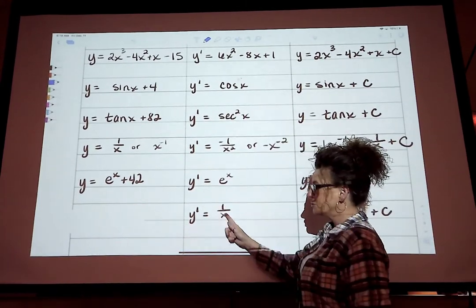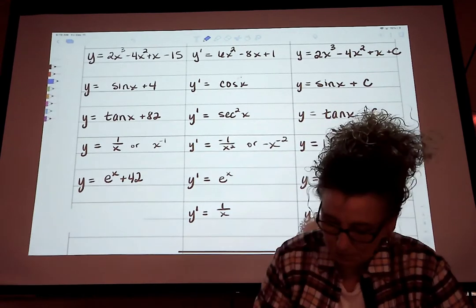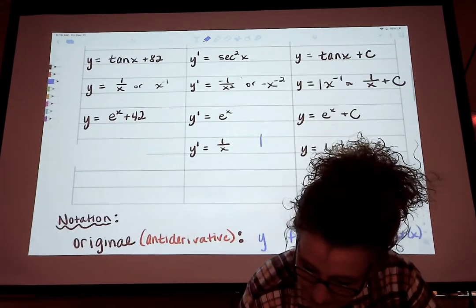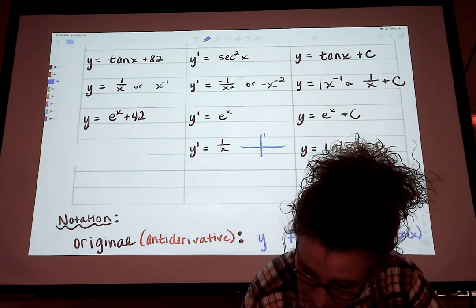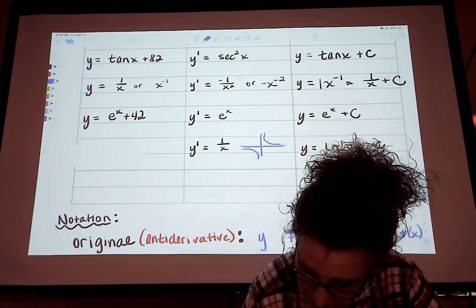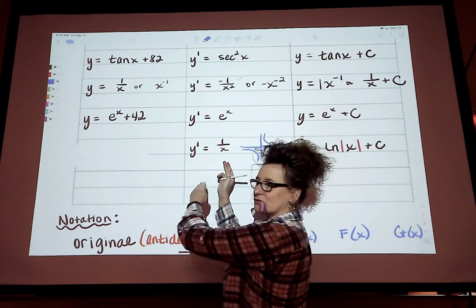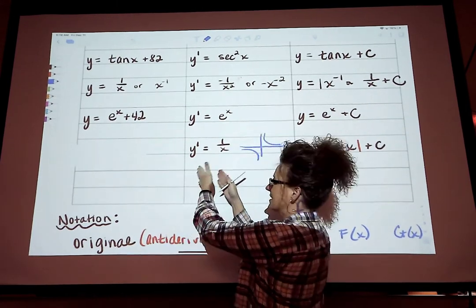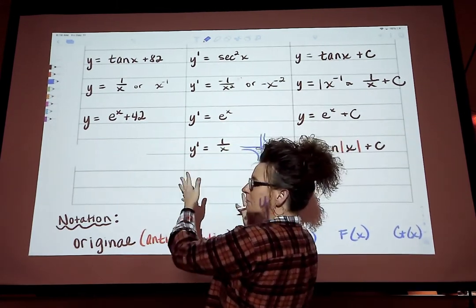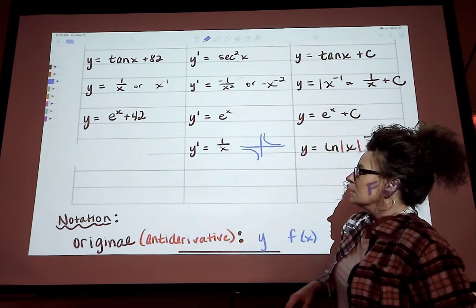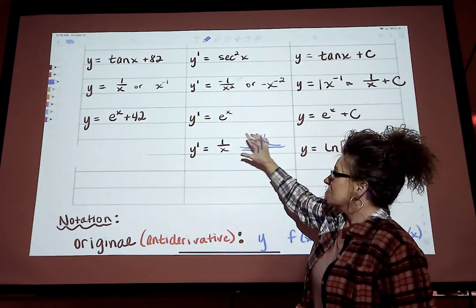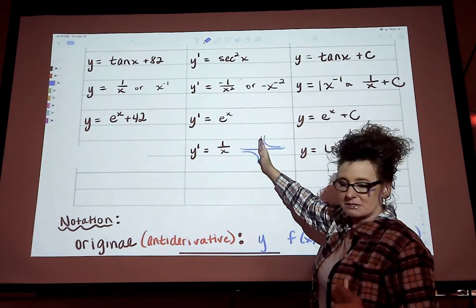Let's look at the domain of 1 over x. Domain for 1 over x is, well, the graph looks like this. Again, I'm not looking at this as a result of a derivative. I'm just looking at this as its own little function. So the domain of 1 over x is everything but 0.